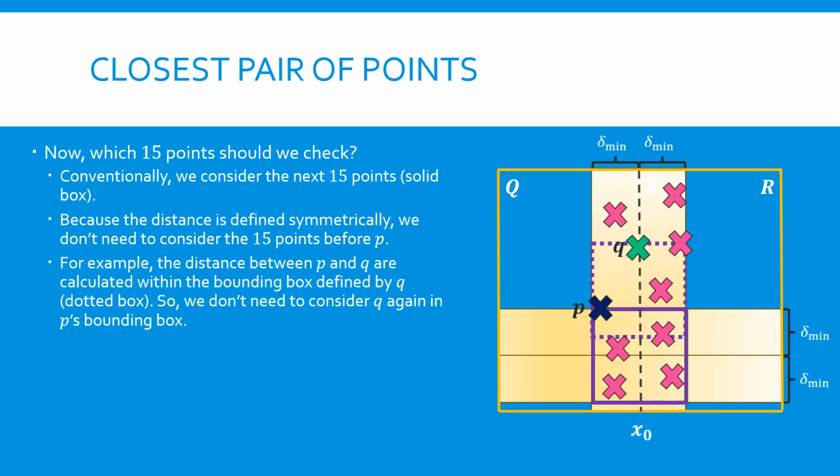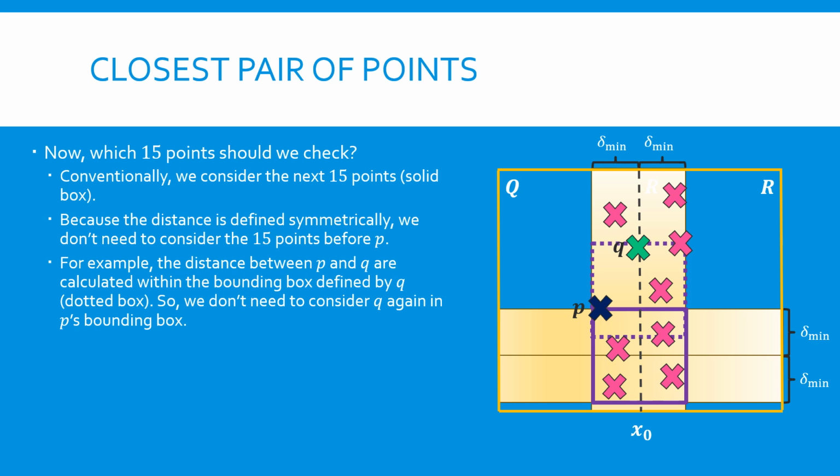Well, which 15 points should we consider? Conventionally, we will consider P's next 15 points, ordered by their y-coordinates. Note that we don't need to consider the previous points because the distance calculation is symmetric, and the distance with the previous points should have already been considered. For example, the green point Q is before P, and it could lead to a better solution.